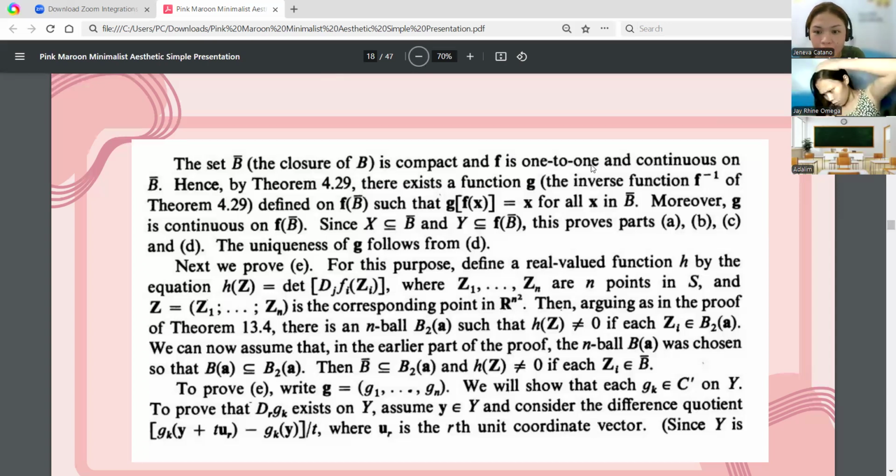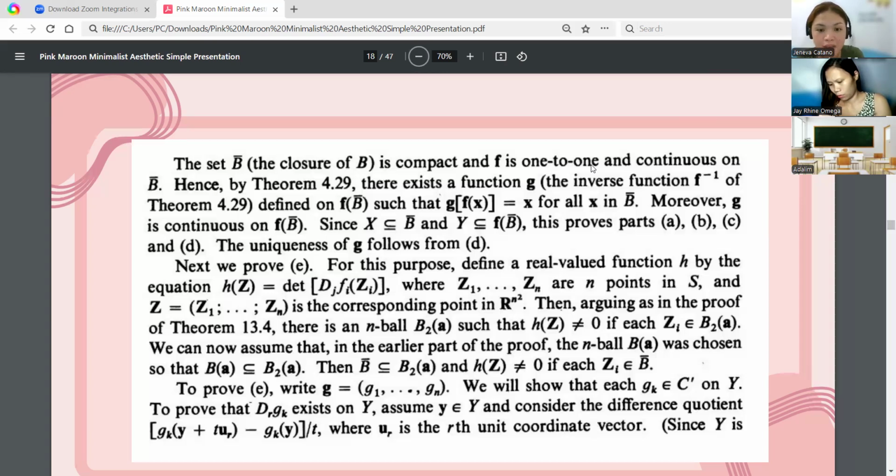Then, arguing as in the proof of theorem 13.4, there is an n-ball B(a) such that h(z) is not equal to 0 if each z_i belongs to B(a).